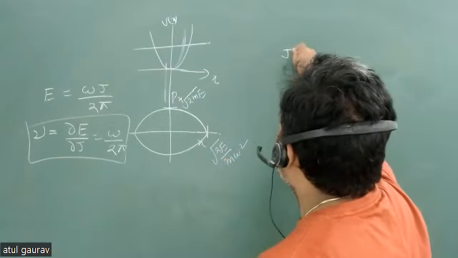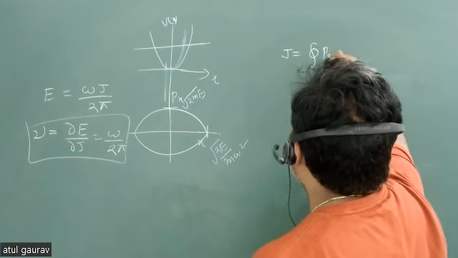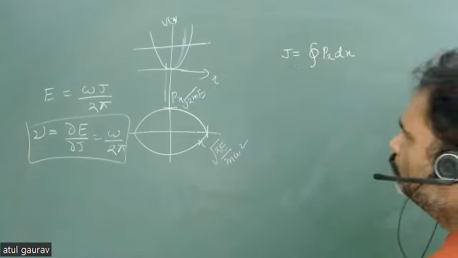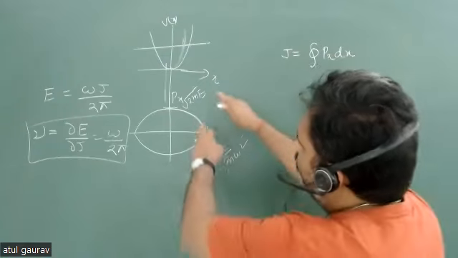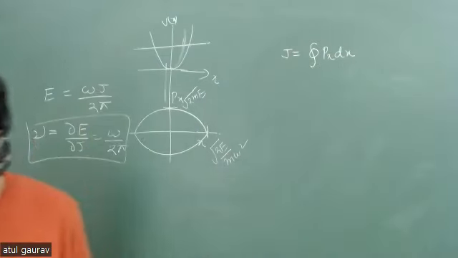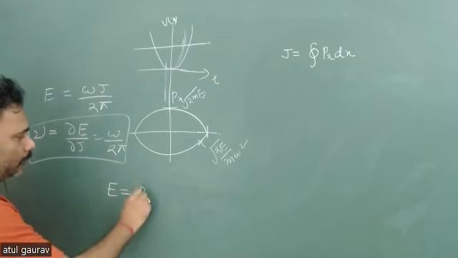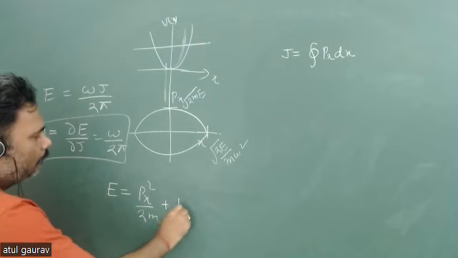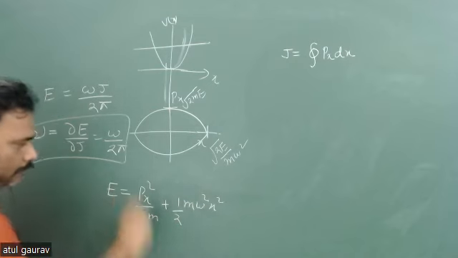So here we have to calculate J, and this value is equal to the integral of px dx. Okay. Now, the first target is that we have to write this px as a function of energy and x. So we will write the expression of energy. The first step, just write the expression of energy: px square upon 2m plus half m omega square x square.